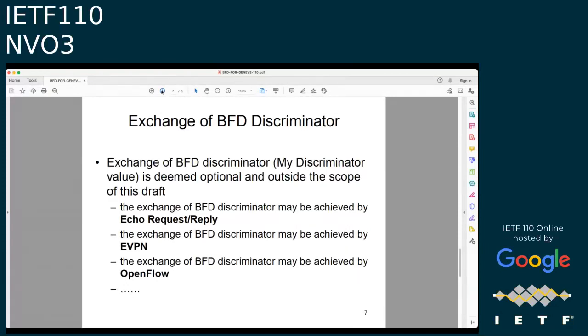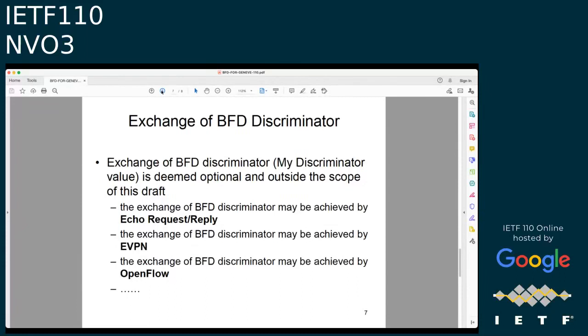Firstly, the out-of-band exchange of BFD discriminator is an optional add-on, which is not necessary. Because as stated in this draft, at the receiving side, the BFD control packet can also be demultiplexed with your discriminator equal to 0.